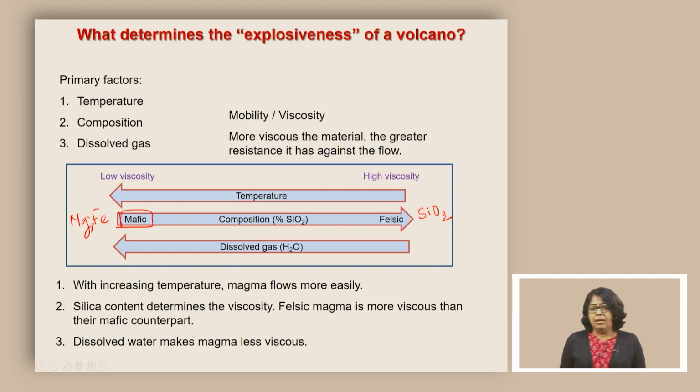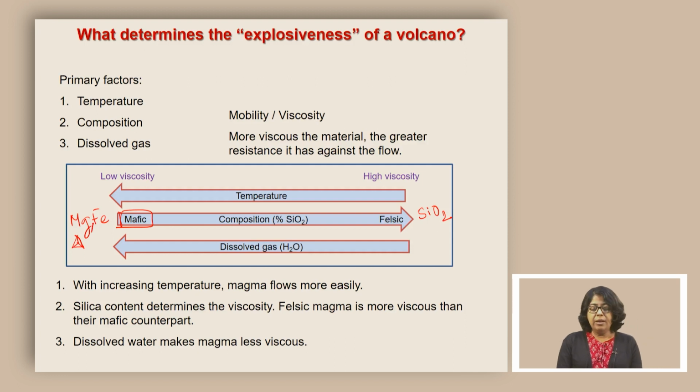Now, if you recall the structure of quartz itself, it is a three-dimensional structure and it basically puts up resistance to mobility, whereas the ones which are at the mafic end are independent silica tetrahedra and they have relatively low viscosity.